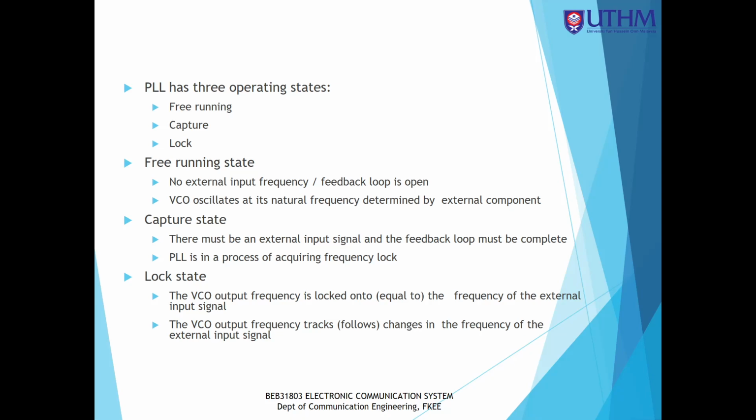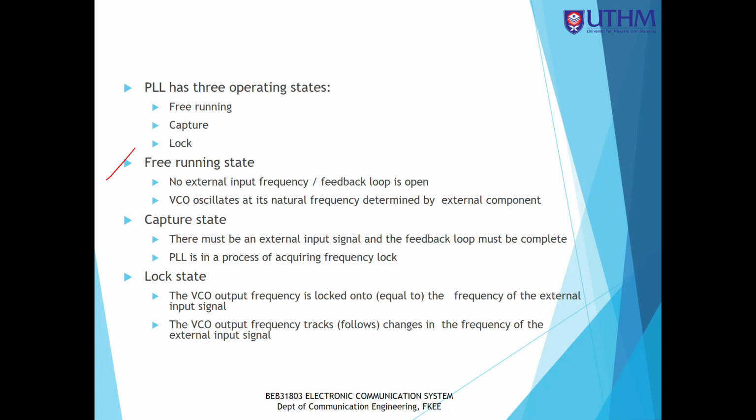For your information, this is the most popular question in the final exam. We have asked this many times in previous semesters. Explain about the three phases of PLL: free running, capture, and lock state. Free running: there's no external input. As I mentioned earlier, there's no input FM.